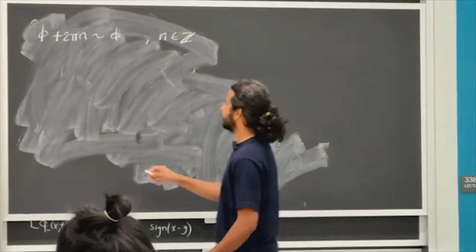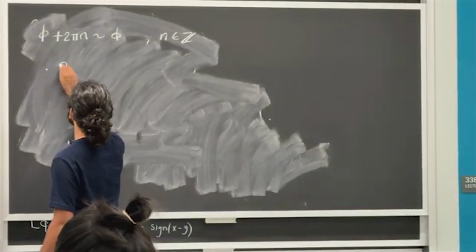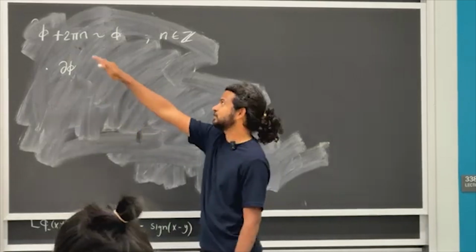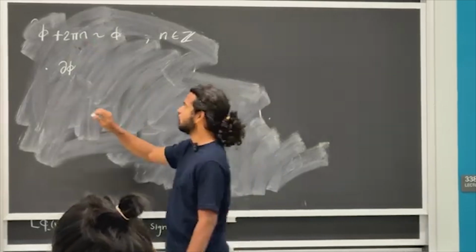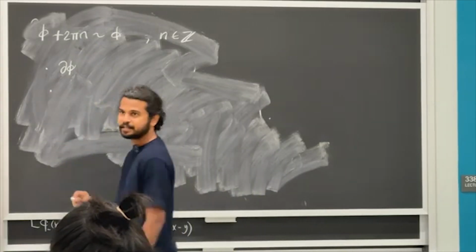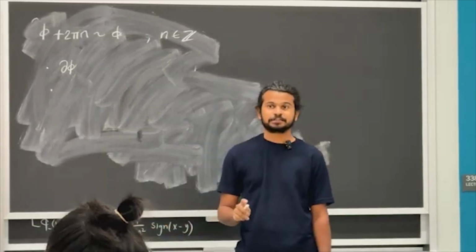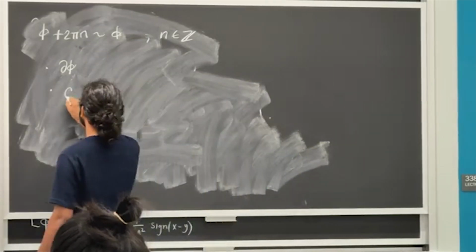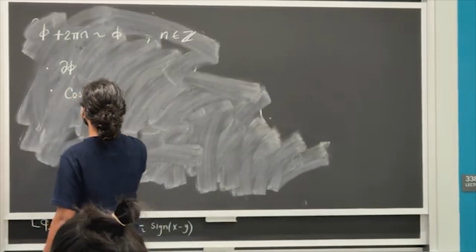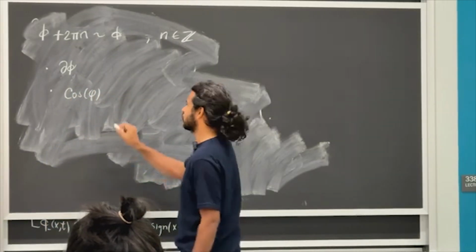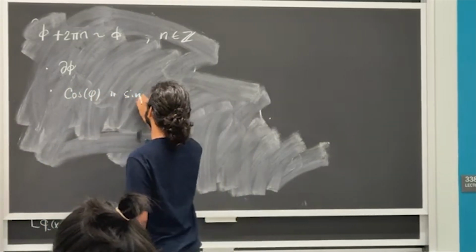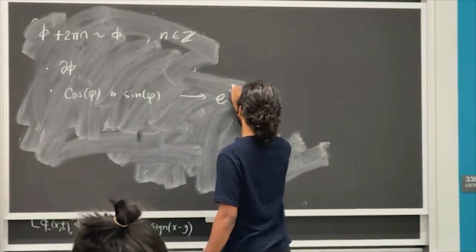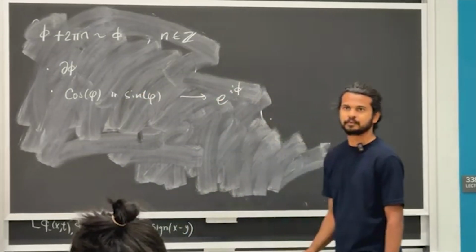What would be a well-defined operator is, for example, d phi. Then that gets rid of these constant issues, or something that respects this periodicity, for example, cos phi or sin phi, or in general e to the i phi.